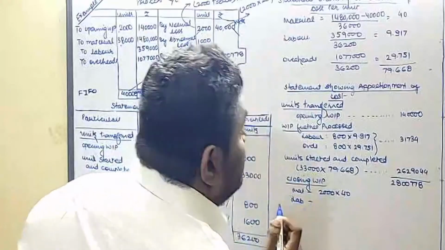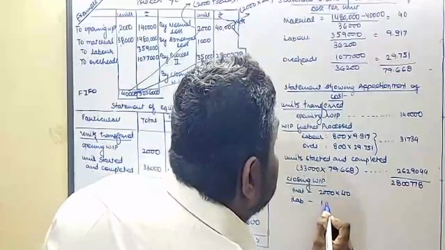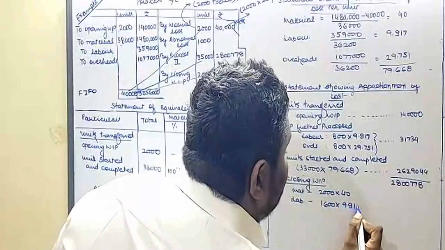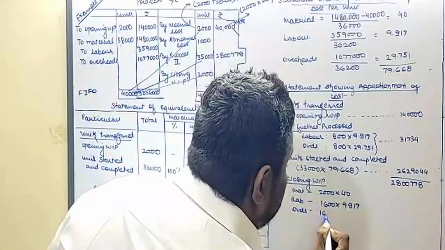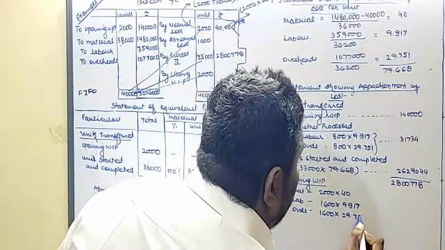Labor is 1600 into 9.917, and overheads also 1600 into 29.751.